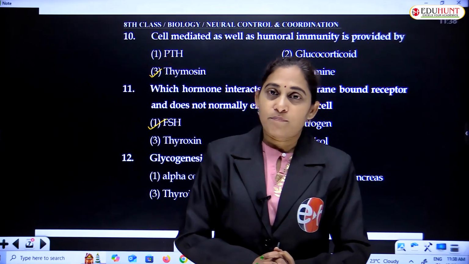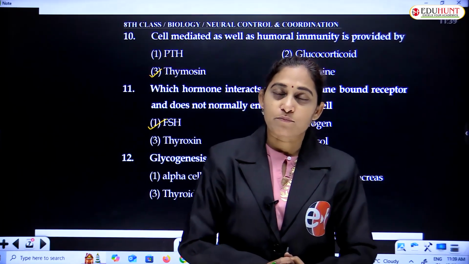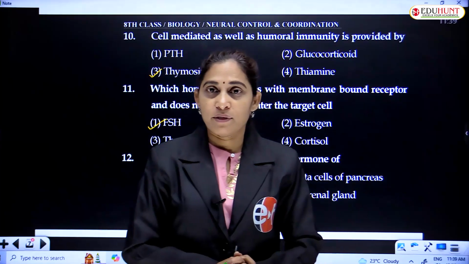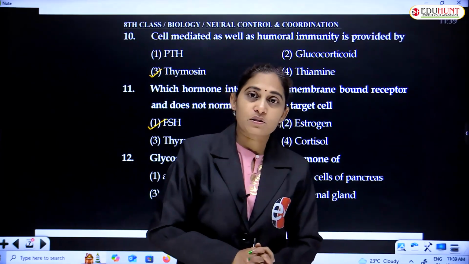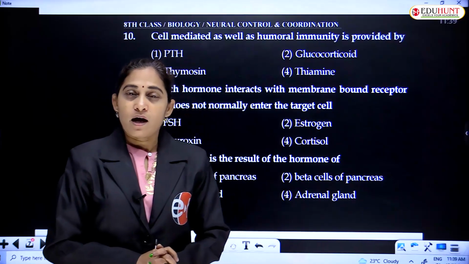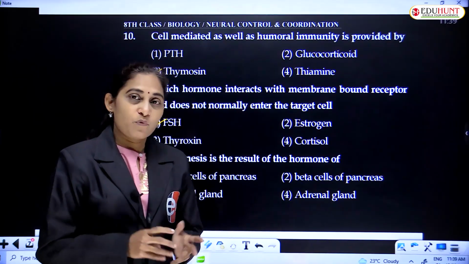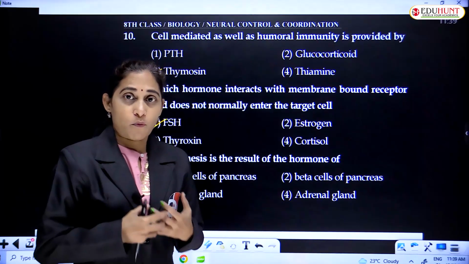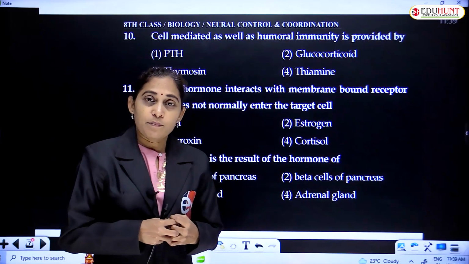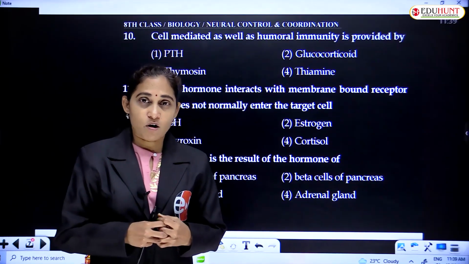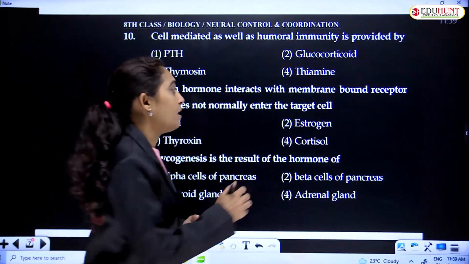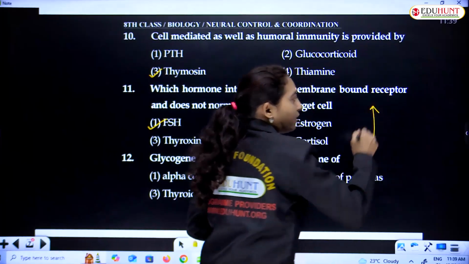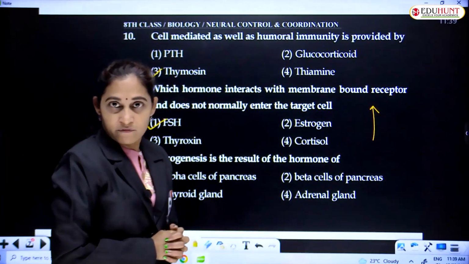In the pancreas we have seen two types of cells, alpha cells and beta cells. Alpha cells produce glucagon, and that glucagon is responsible for hyperglycemia. It is called the hyperglycemic hormone. Hyper means a rise in the glucose level.